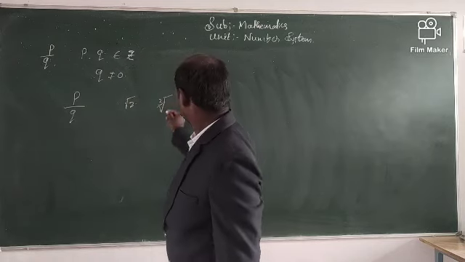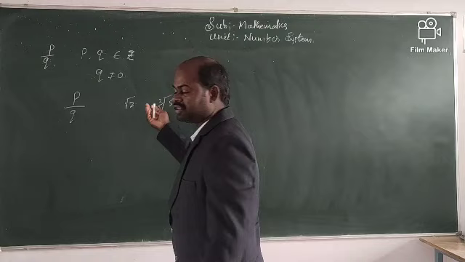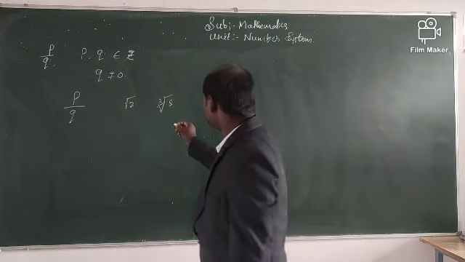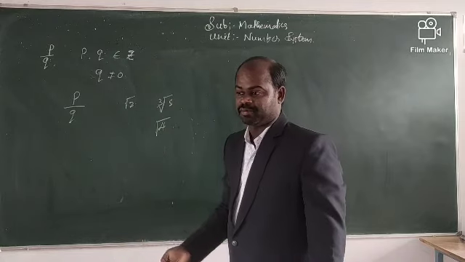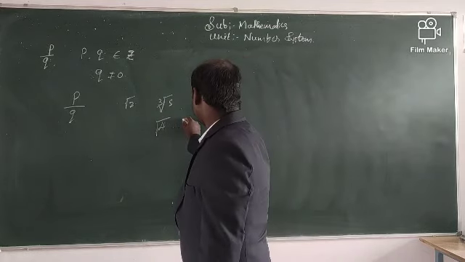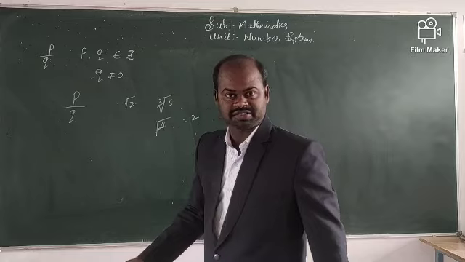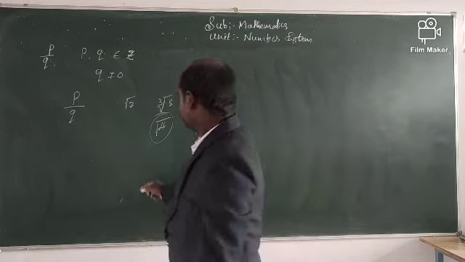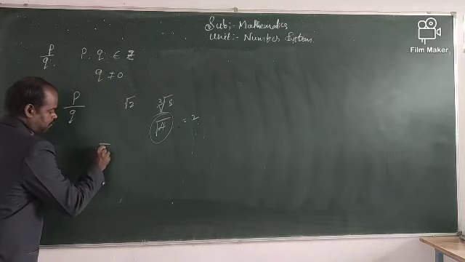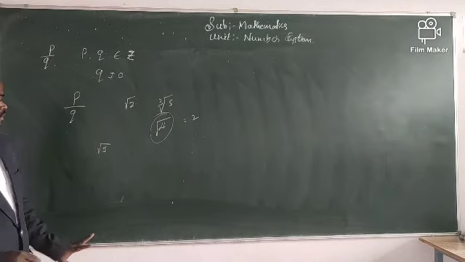Cube root 5 is also irrational. But square root of 4 is not an irrational number. Why? Because its value is 2. Understand? So this is a rational number. Next, root 5 is an irrational number.